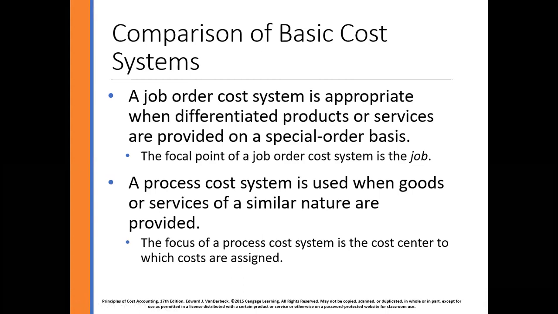Whereas a process cost system is for a repetitive manufacturing process when the goods or services are of a similar nature, right? So the focus of how we move the cost through the system with a process cost system is the particular departments or cost centers in which the costs are assigned.